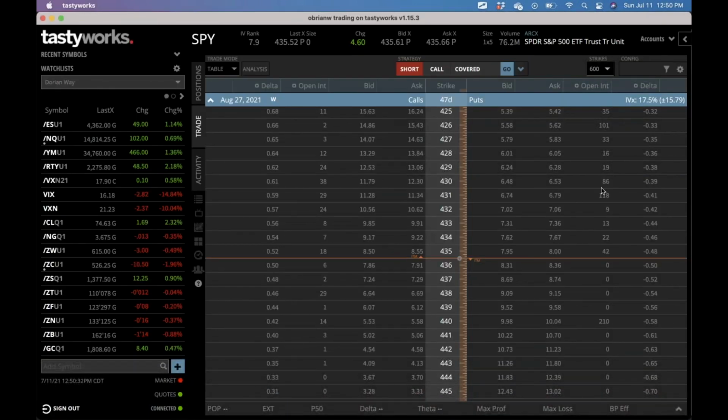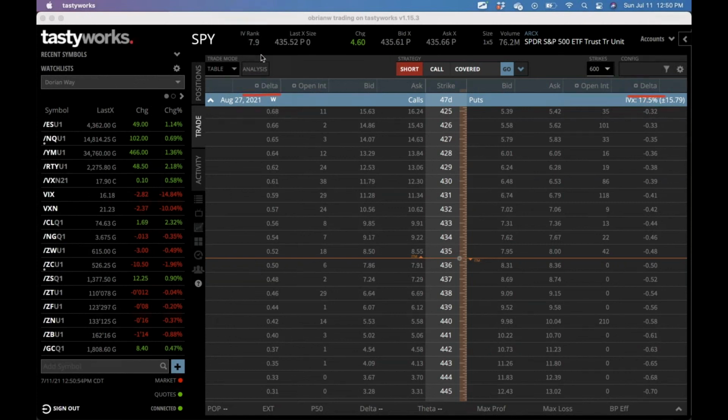All right, so let's jump back over to this TastyWorks platform, and we put delta on, or probability in money, on both sides on an option chain, because delta is one of the 4 major option Greeks, and delta is the most important option Greek because delta measures 2 things. Delta measures your directional risk and your probability of success.